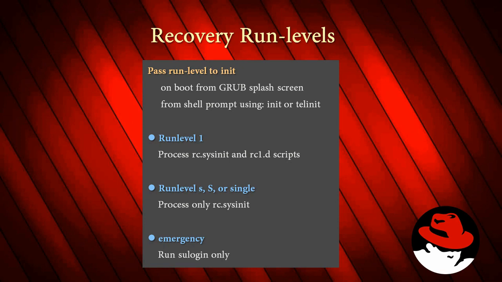And emergency mode, while technically not a run level, shares many characteristics of the other run levels, but you can only access emergency mode during boot by passing emergency as a parameter from the GRUB prompt. You can go directly to emergency mode after the GRUB screen shows up. No scripts will be processed, and you are given a root shell without processing the init or other scripts.